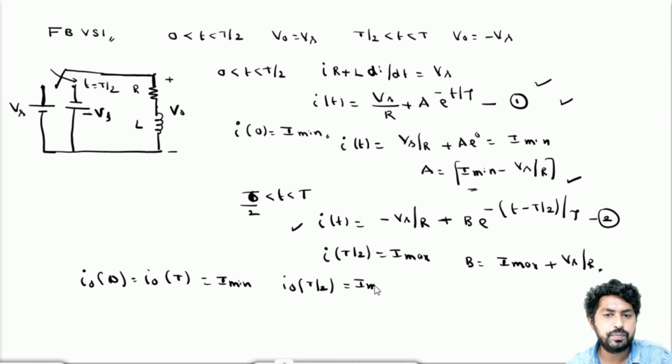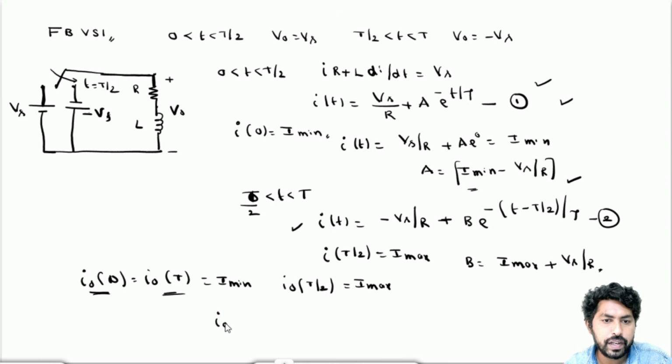If I substitute these two in equation number 1, what is equation number 1? Otherwise I will substitute T by 2 in equation number 1. I naught of T by 2 is the common thing.